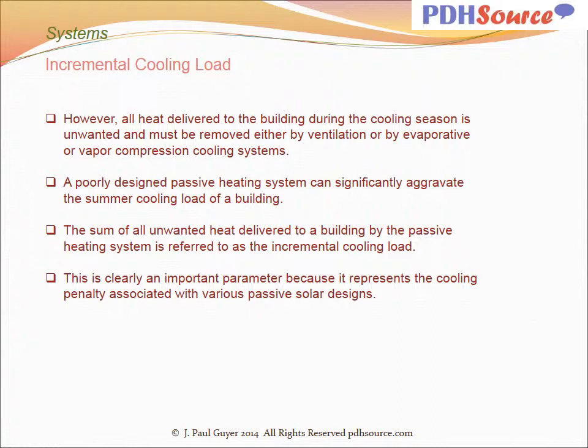A poorly designed passive heating system can significantly aggravate the summer cooling load of a building. The sum of all unwanted heat delivered to a building by the passive heating system is referred to as the incremental cooling load. This is clearly an important parameter because it represents the cooling penalty associated with various passive solar designs.